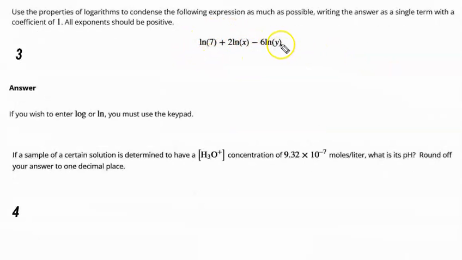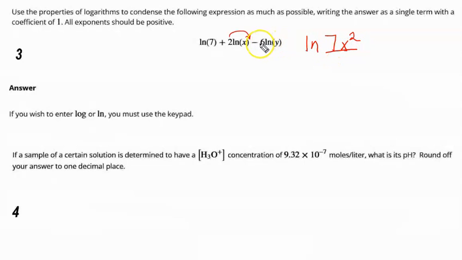In example 3 now, this is the expanded view. We're asked to put it in a condensed view and simplify if we can. So it's going to be natural log. Now, since this is a plus here, this is going to be 7 times, now it's going to be x, but this 2 in front is going to be the exponent of the x, which will be squared.